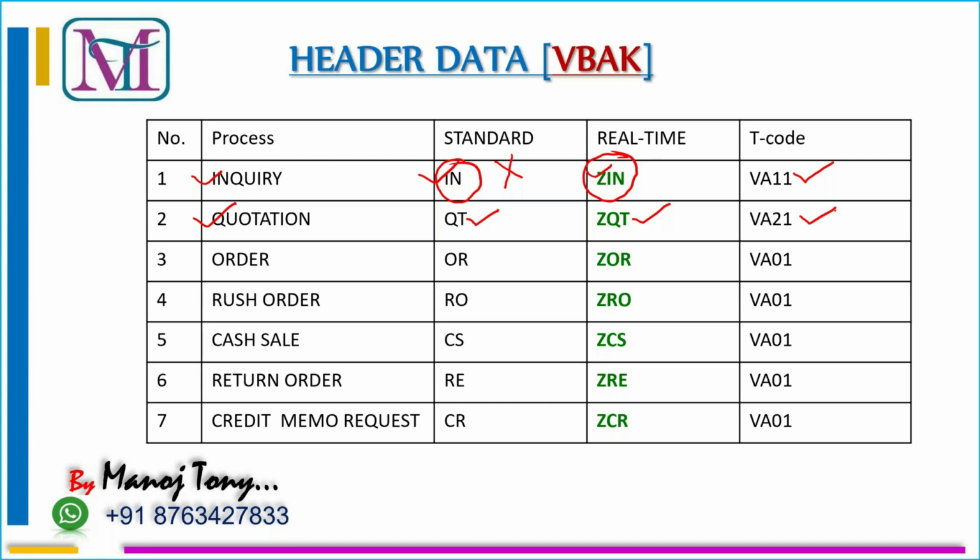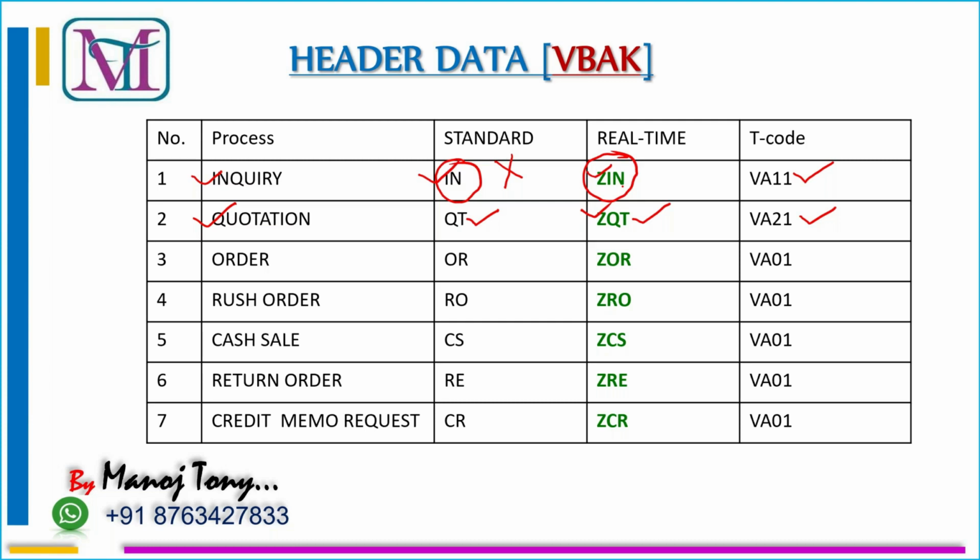We have to create a new sales document type, copied from the standard one. You can start with Z or with Y. Why? Because if anyone sees that sales document type, he or she can understand that this is not the standard sales document type. It is a newly created sales document type.